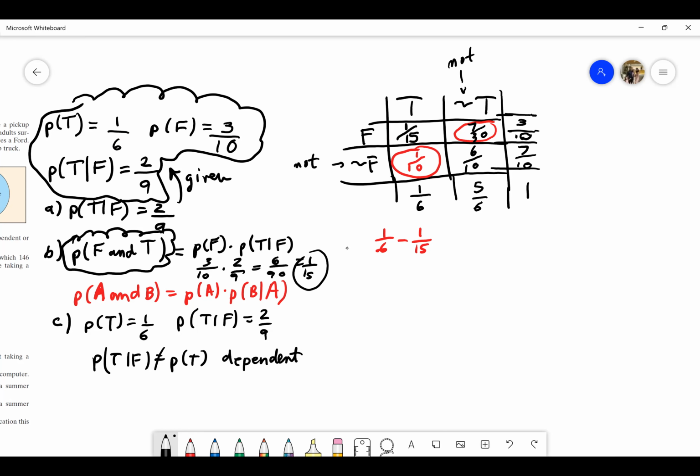How did your calculator do that? Which one? How does my calculator do it? I just put it in there. Like, look, 5 divided by 6 minus, and then with this one, I go parentheses 7 divided by 30, close the parentheses, and it gives me that. It's a bougie calculator.